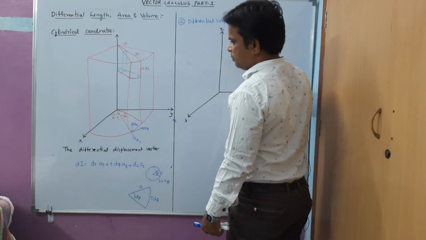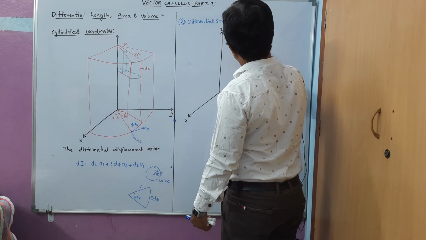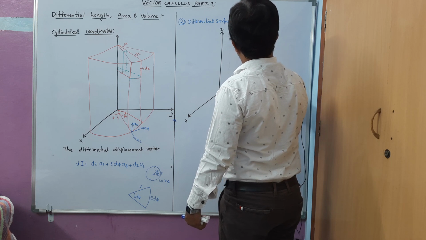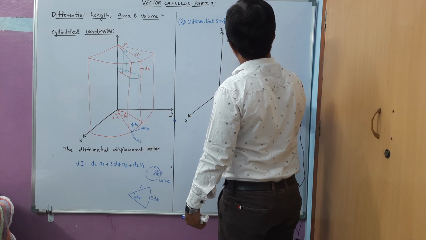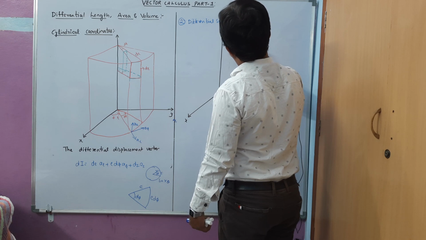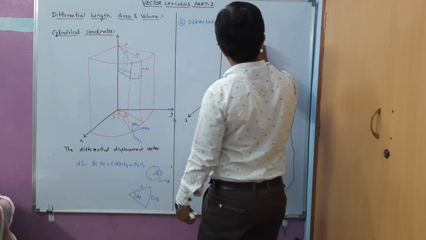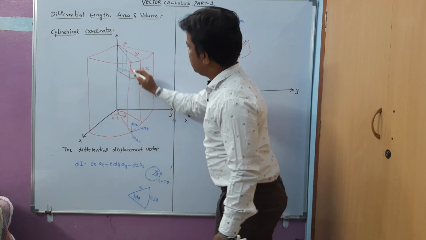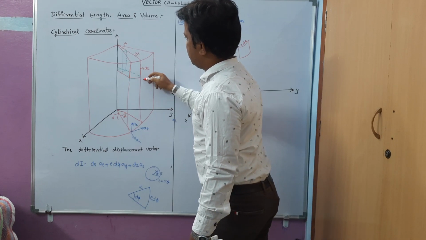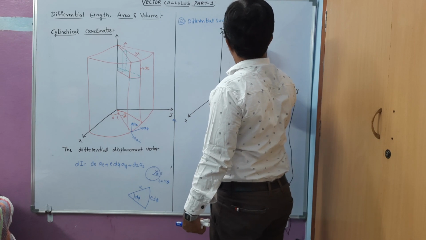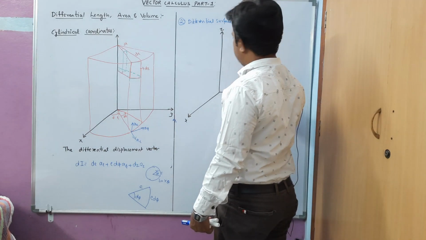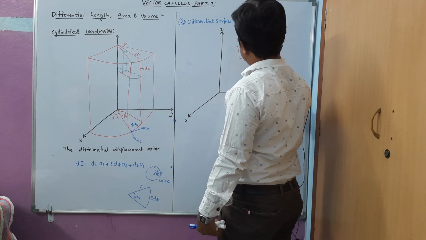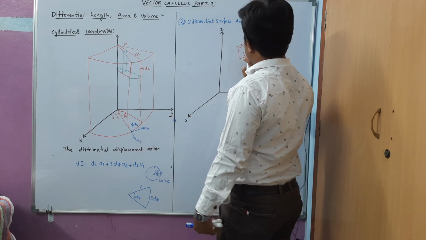Along this one we will have rho d phi. This is the rho d phi, this one, and this one I am drawing, dz, and the unit normal vector will be a rho for this one, for this differential normal surface, the elemental surface we can say.